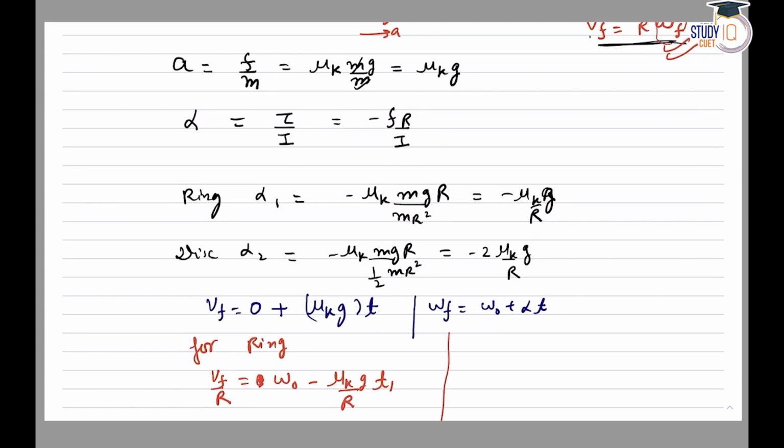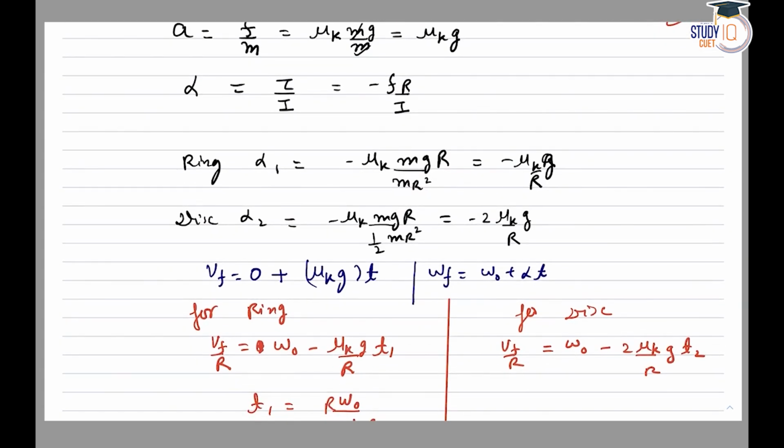And for the case of the disk, omega final can be written as v final by r, which is equal to omega naught plus alpha into t, where alpha is negative, equal to minus 2 mu k g by r, into T2. From this, the value of T2 comes out to be r omega naught upon 3 mu k into g.